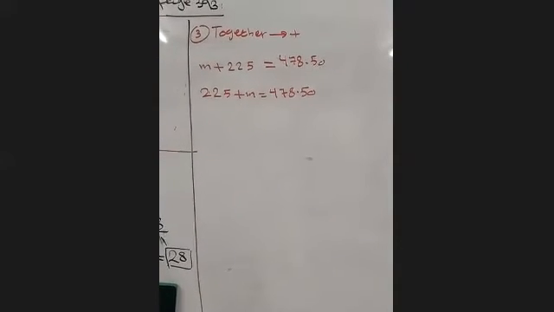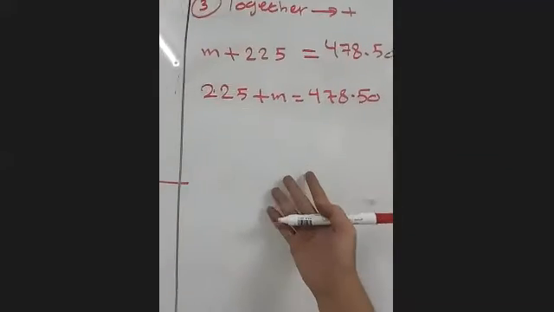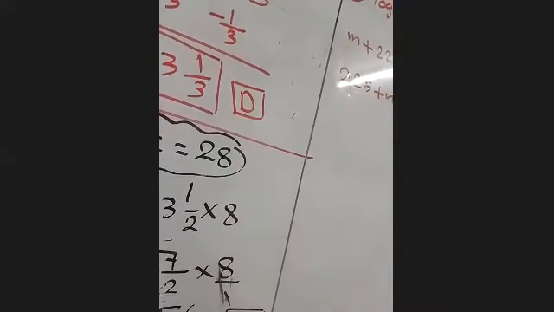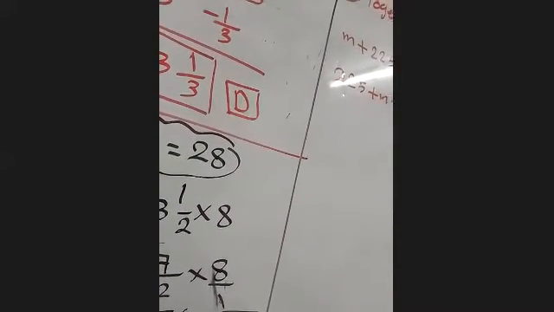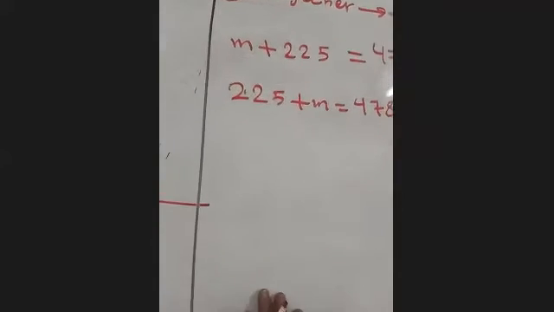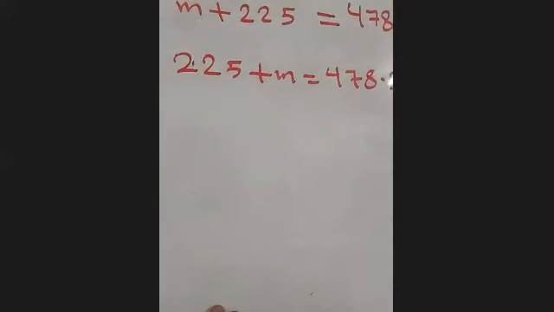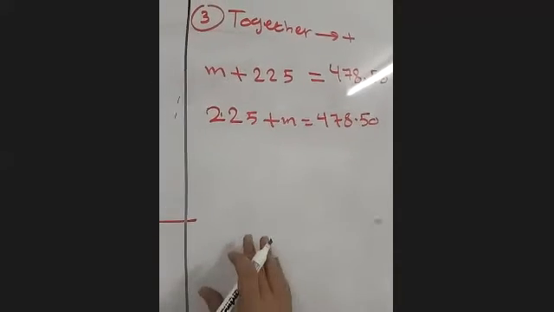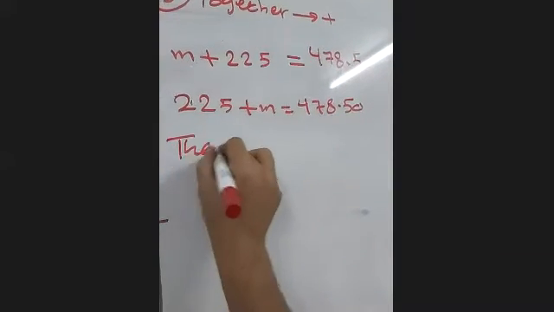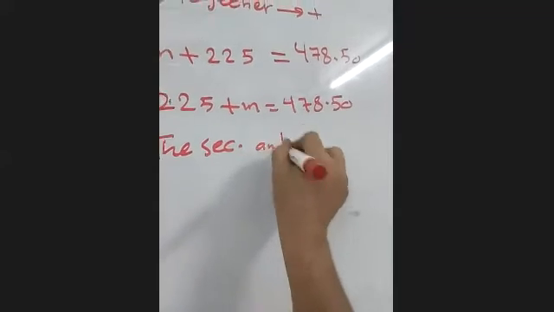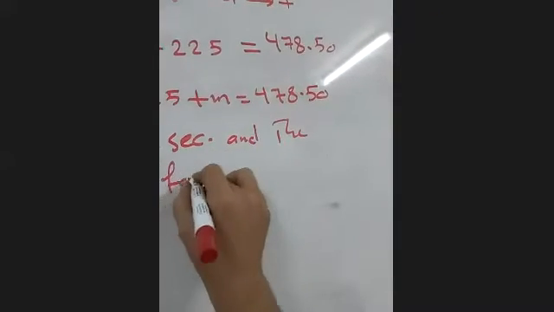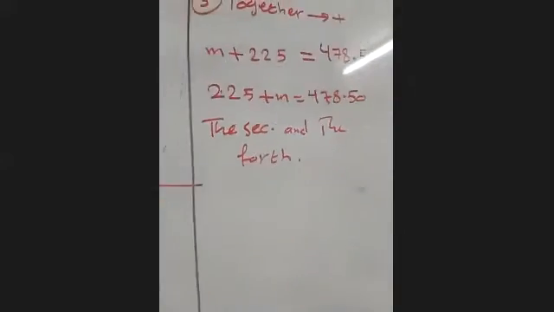So how many choices do we have down here? We have 5 choices, right? There are 2 correct and 3 wrong. What are the 2 correct choices? The second one and the fourth one. Check like this on the second and the fourth.